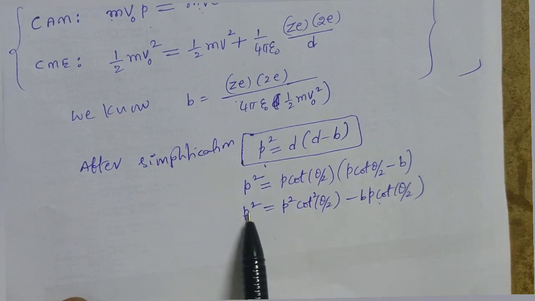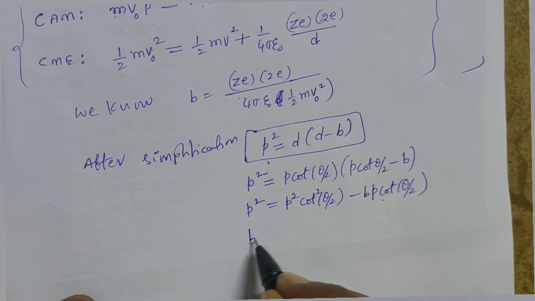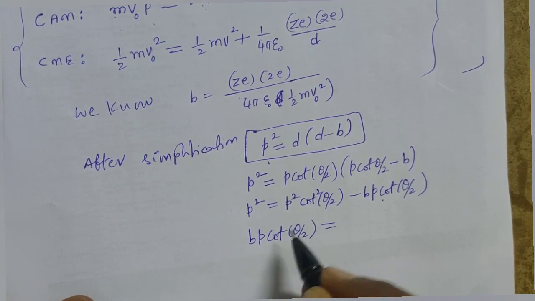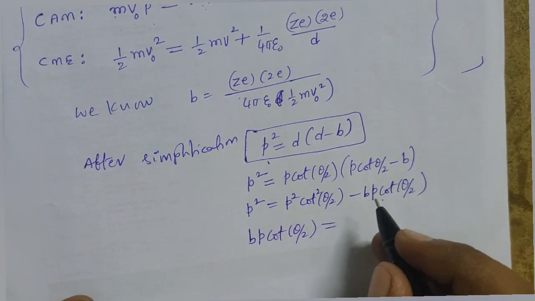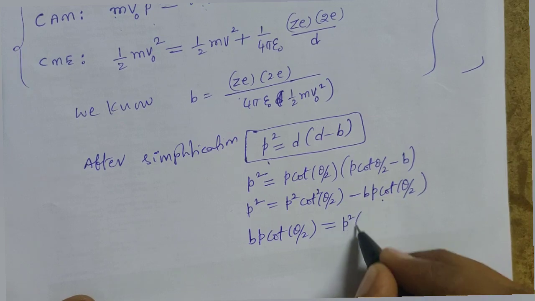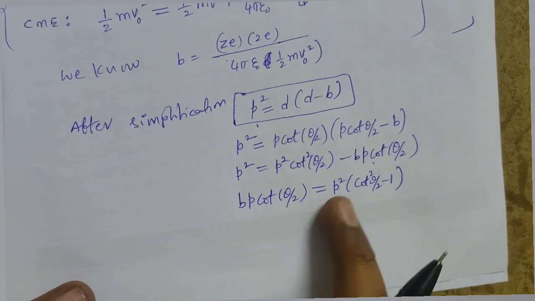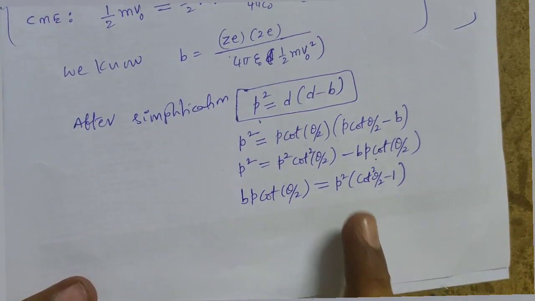You bring this side and this side, that is B multiplied by P into cot of theta by 2 will be equal to P square into cot square theta by 2 minus 1. So 1 P will be cancelled, only 1 P is remaining.